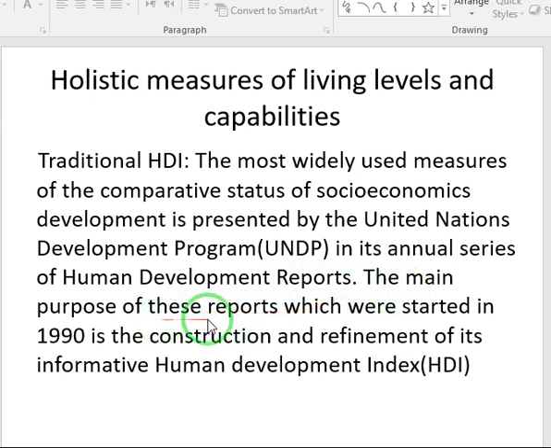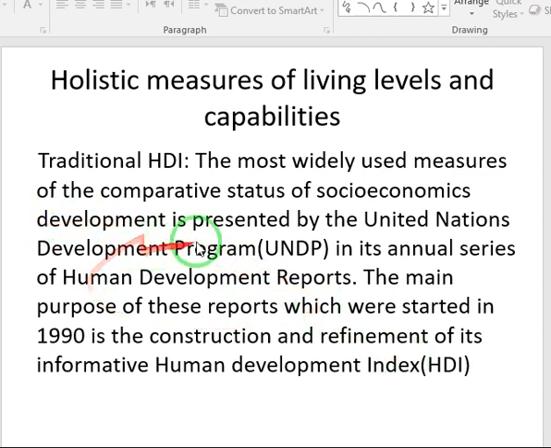The main purpose of these reports, which were started in 1990, is the construction and refinement of its informative Human Development Index. The purpose of all these reports, which were published annually by the UNDP, is to provide exact information on the different aspects of human development, like income, like education, and like health.